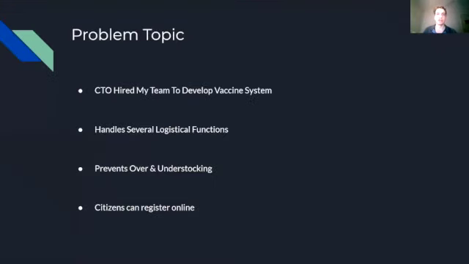So let's get into the problem topic. The crux of the problem topic is the Chief Health Officer of the State Health Department has hired my team to develop a vaccine management system that supports logistics for the vaccine rollout.